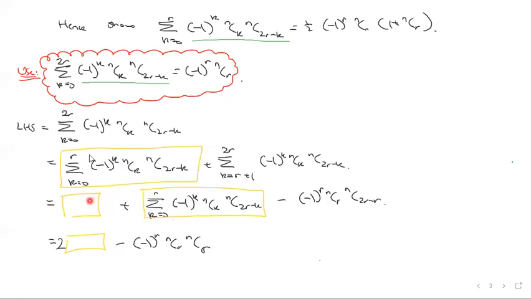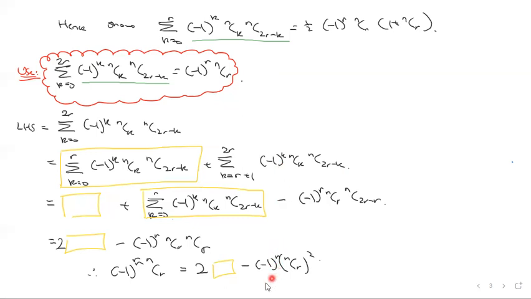So, what do we have? The left-hand side was this, but that's just equal to -1 to the r nCr. So therefore, we've got -1 to the r nCr equals 2 times the yellow, which is what we're trying to work out, minus (-1 to the r nCr) all squared.